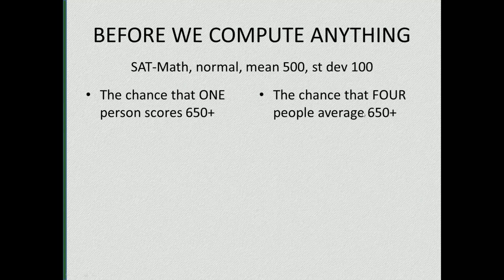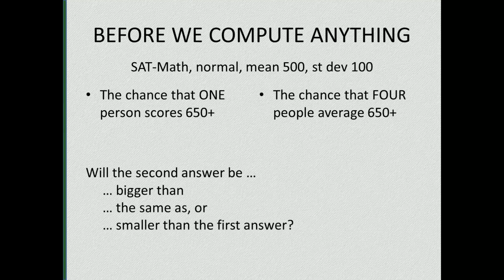Now we want to know the chance that 4 people average out at 650 or higher. Will the answer to this second question be bigger than, the same as, or smaller than the answer to the first question?